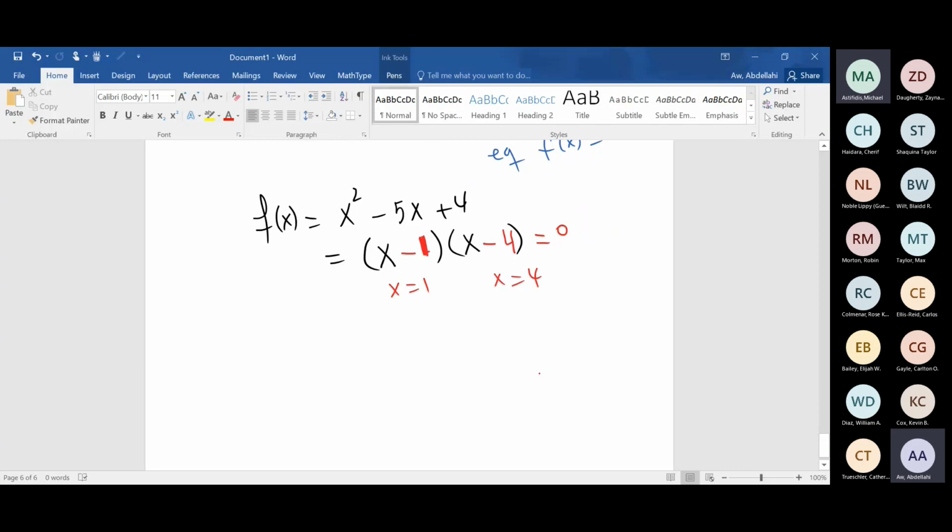So this brings us to the second definition of a 0. If c is a 0 of f, then x minus c is a factor.